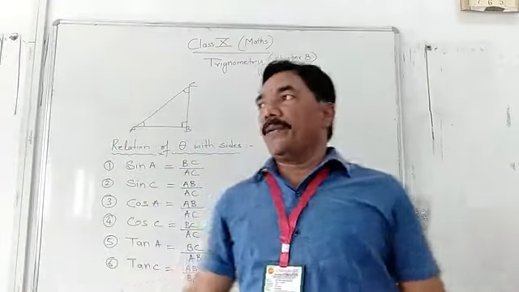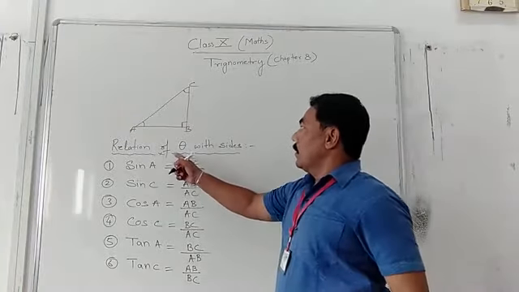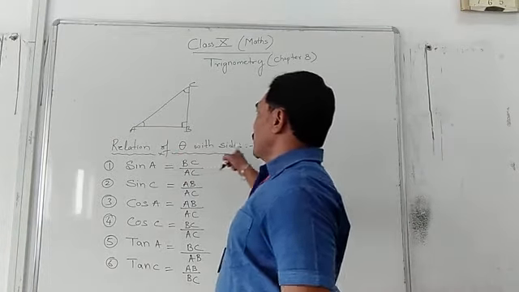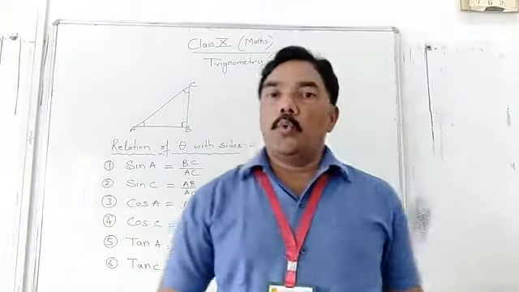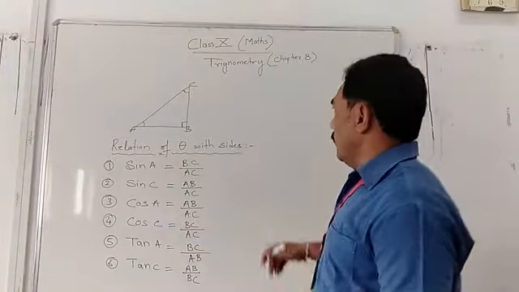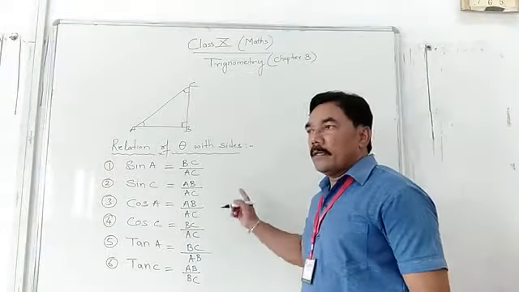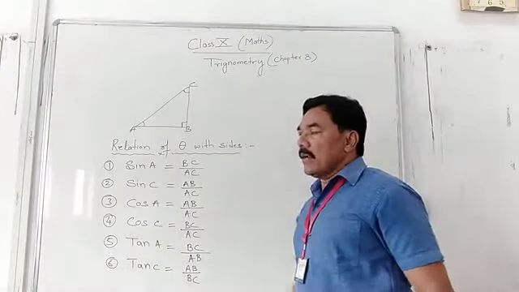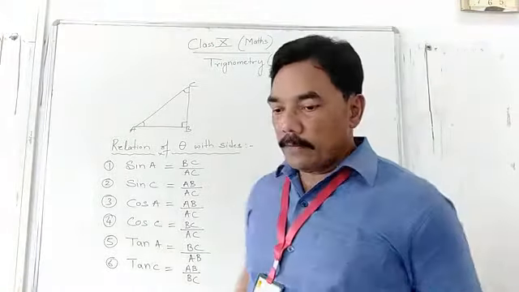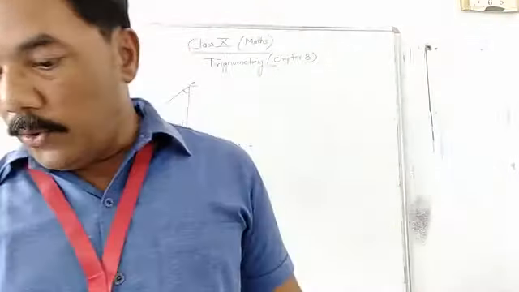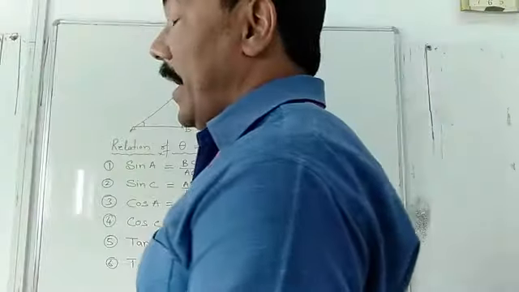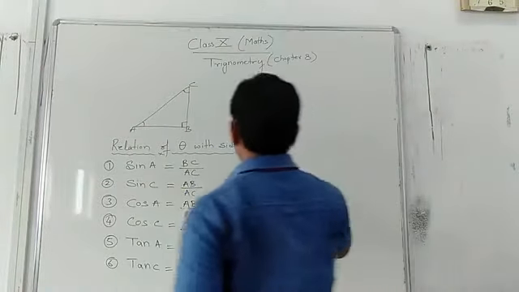These are the six trigonometric ratios, the relation of theta with the sides. Now I am going to give you one example regarding this relation. Write down one question.